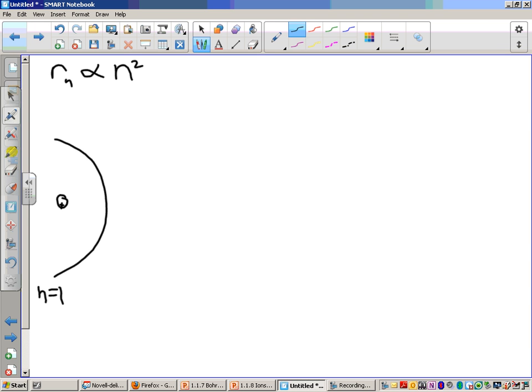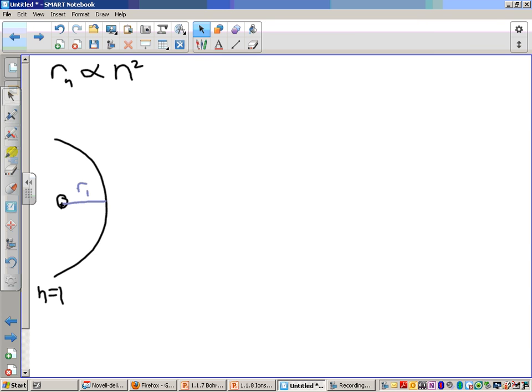So let's think about what that means. In this first orbit, let's call this first distance to the nucleus R1. It doesn't matter what it is. We could calculate it, especially for a hydrogen atom. It's very well known. It's a particular distance. It's not very big. It's a very tiny little distance.